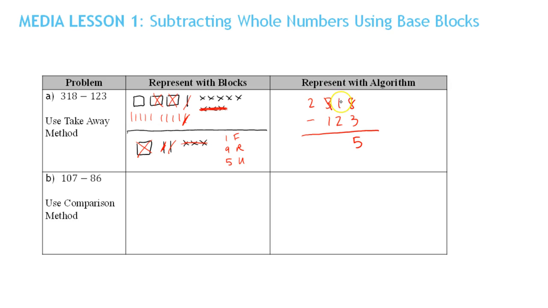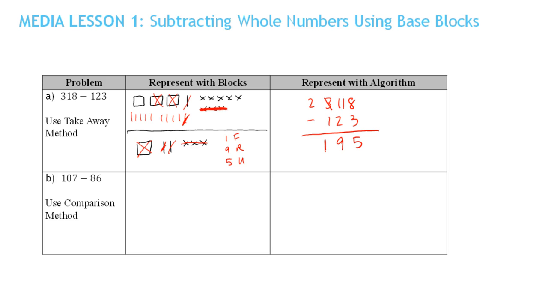Cross out the 3, put a 2, and now we have 11 rods and just 2 flats. 11 rods minus 2 rods is 9 rods, and 2 flats minus 1 flat is 1 flat. So our result is 195, which corresponds to what we had here. Okay. Now let's use the comparison method.